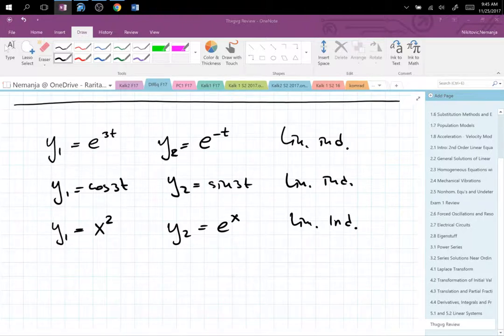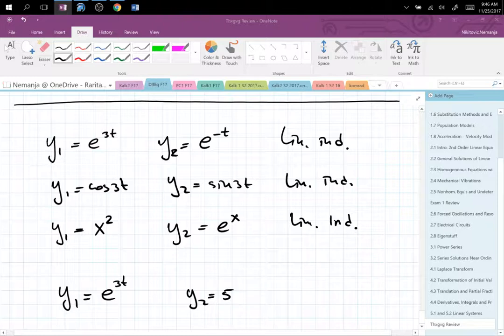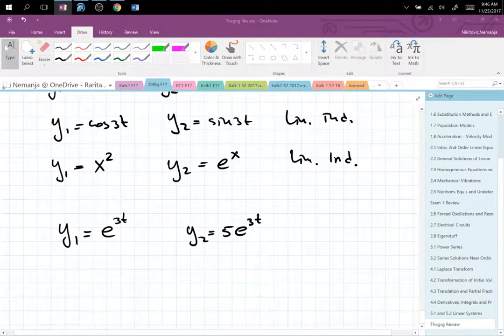But then you run into a situation where you have y1 equal e to the 3t and y2 to be 5e to the 3t. Now these are linearly dependent solutions because they are just constant multiples of each other, right? You have that y2 is 5 times y1. And this is where multiplying by t comes in.